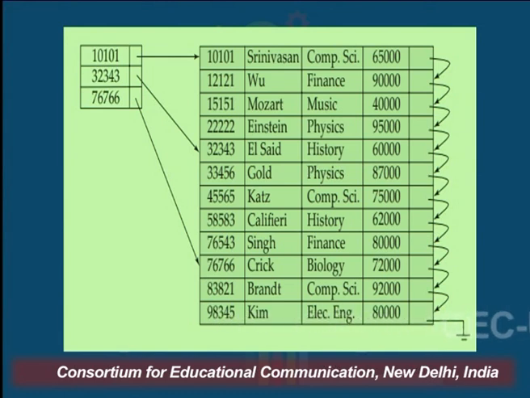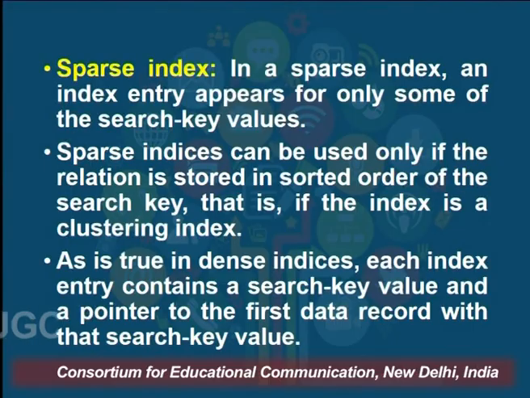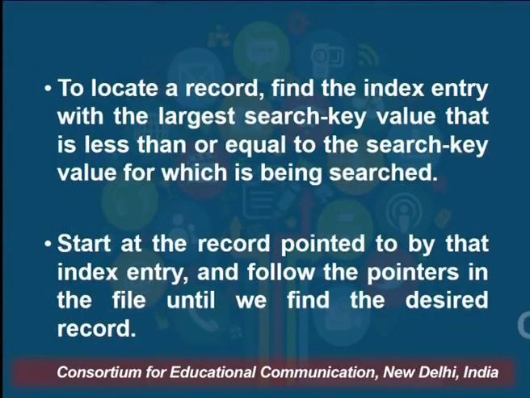So if the search key is not in sorted form, that means your index is actually a non-clustering index, and for a non-clustering index it is not possible to have a sparse index entry. Also, in the case of sparse indices, each index entry contains a search key value and a pointer to the first data record with that search key, which we have already seen.